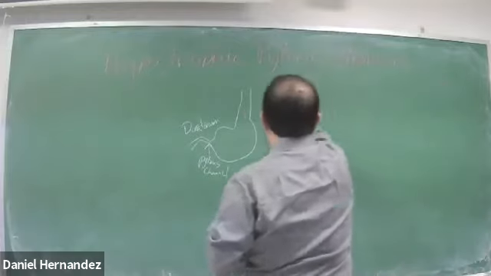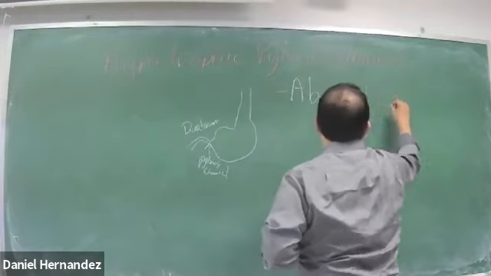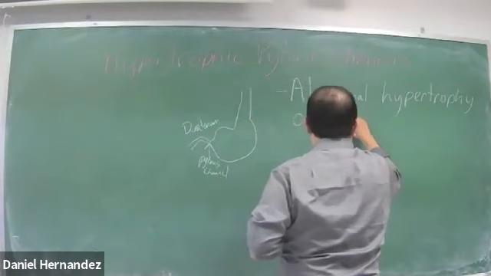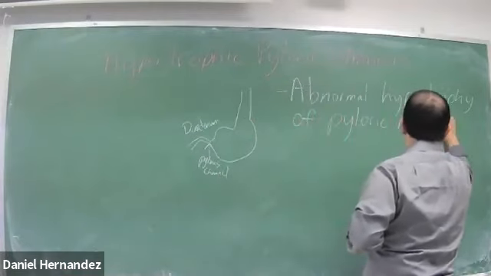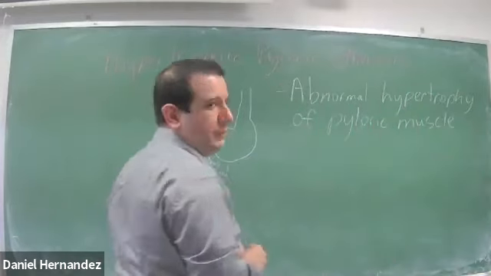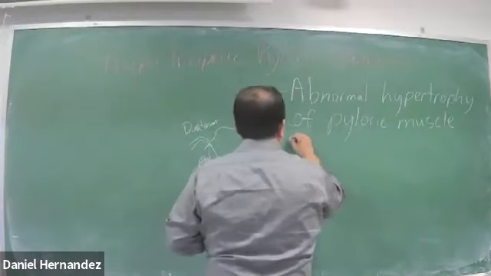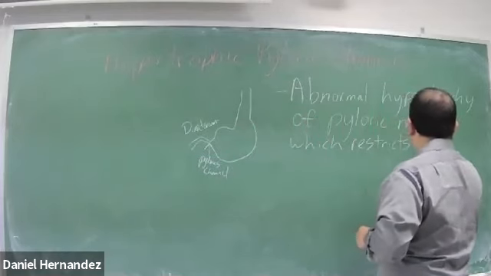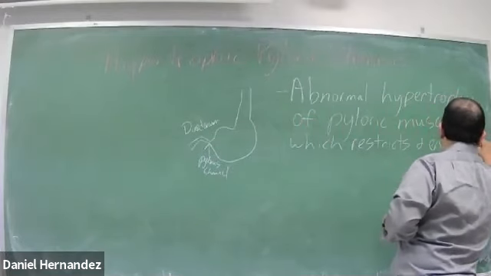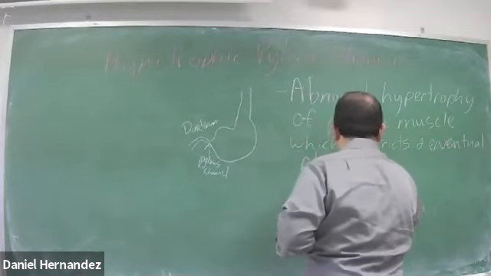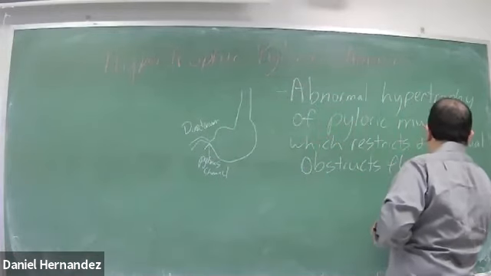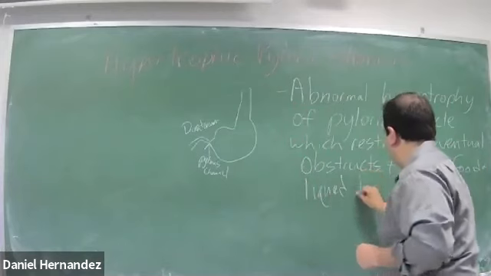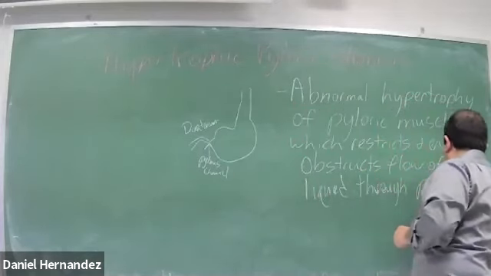There's abnormal hypertrophy of the pyloric muscle, which restricts and eventually obstructs flow of food and liquid through the pyloric channel.